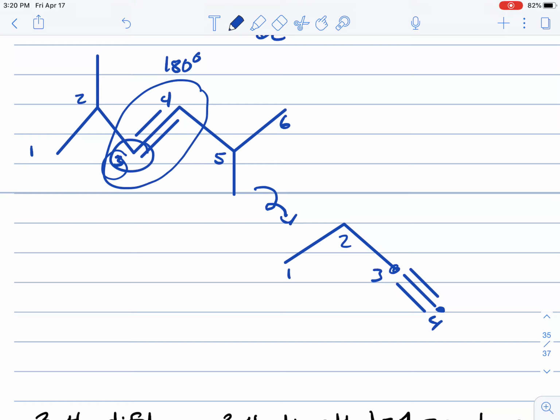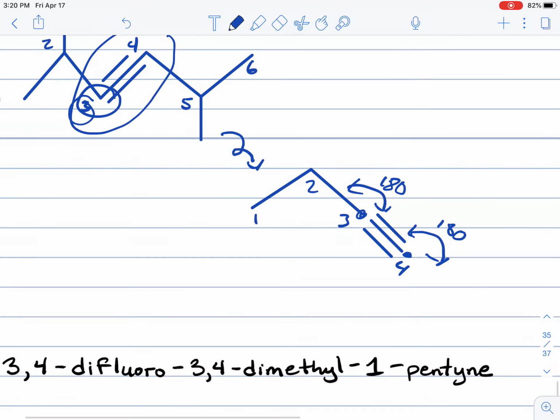Okay. And so carbon 4 to carbon 5, this also needs to be 180, right? So the bonds need to be 180. So that means from 4 to 5, this is also going to be a straight line. Okay.